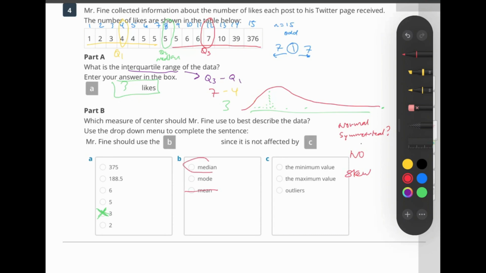The best one would be to use the median because it is the most resistant to extreme measures. Since it is not affected by extreme measures, it is essentially the outliers. So outliers is your answer for number 4C.